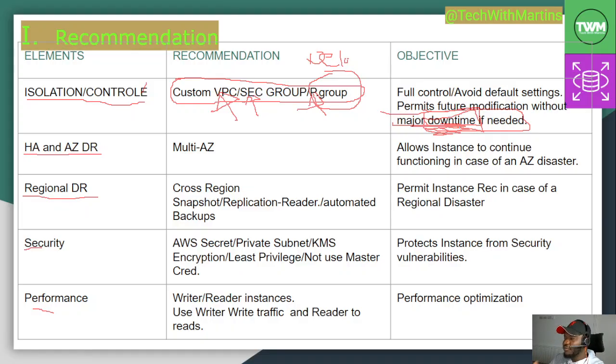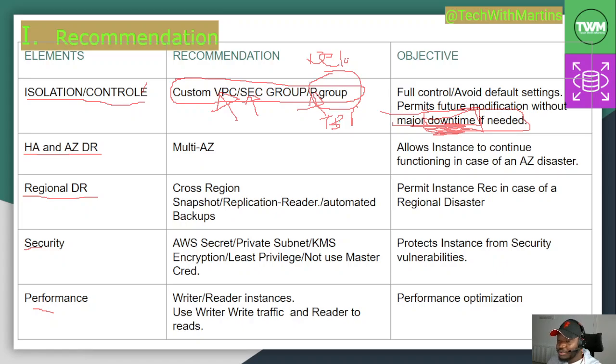Just imagine if you have an RDS instance that is 1 TB, and you want to create another RDS instance simply because you used a default parameter group. It can take even an hour or two, and this will be a very serious problem as far as downtime is concerned, because you will need to request an emergency maintenance window to do that.